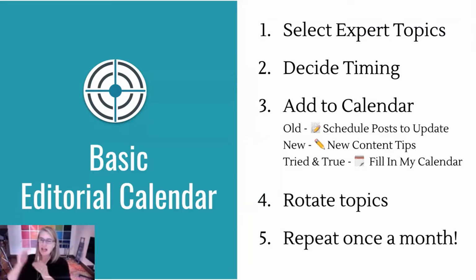The first thing is to look at what an editorial calendar looks like. These are the components. You're going to have your expert topics, which are the things someone would expect to see on your blog from you.